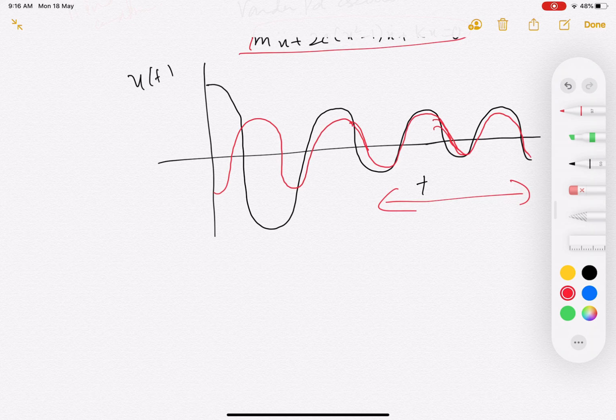Two other things which are peculiar to nonlinear systems are bifurcations and chaos.